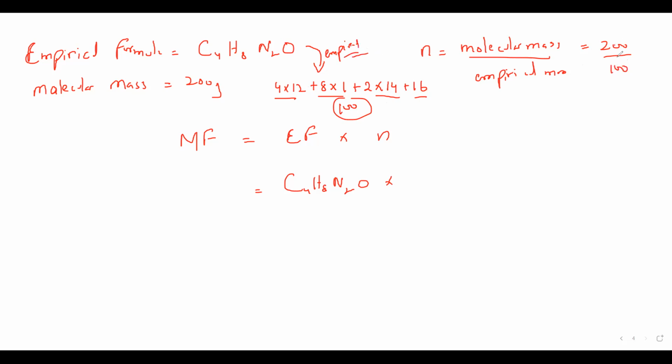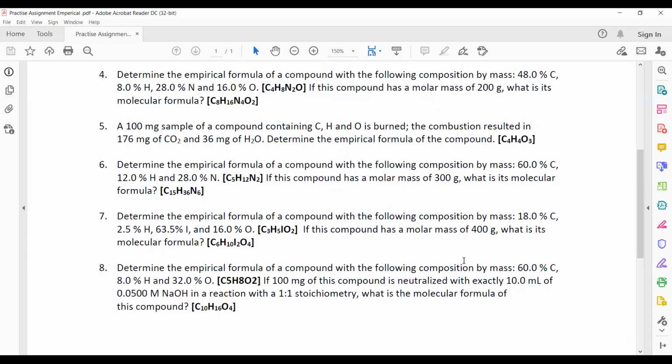So 200 divided by 100, what is the value of n? Value of n is 2. If the value of n is 2, this 2 is multiplied with all the atoms. So it will be C8H16N4O2. Is it clear? So another similar question.